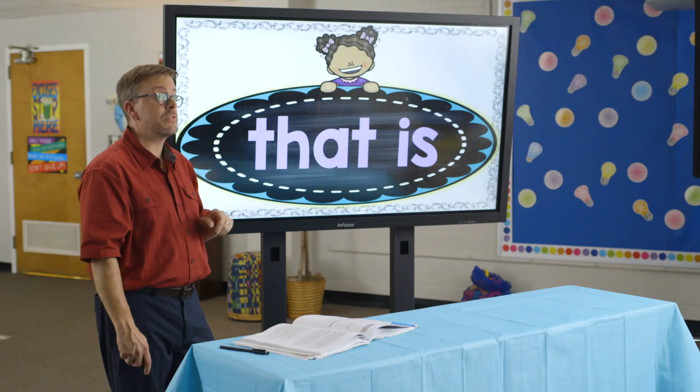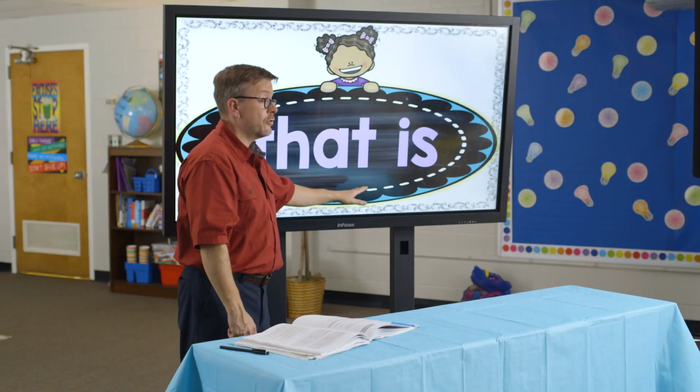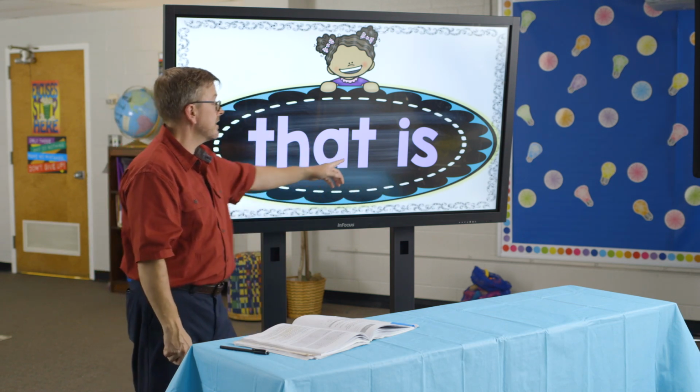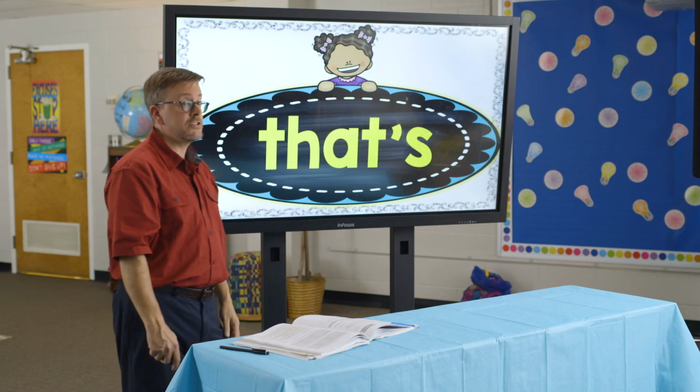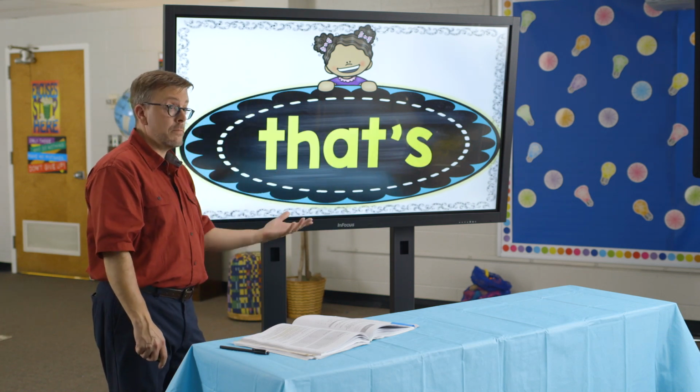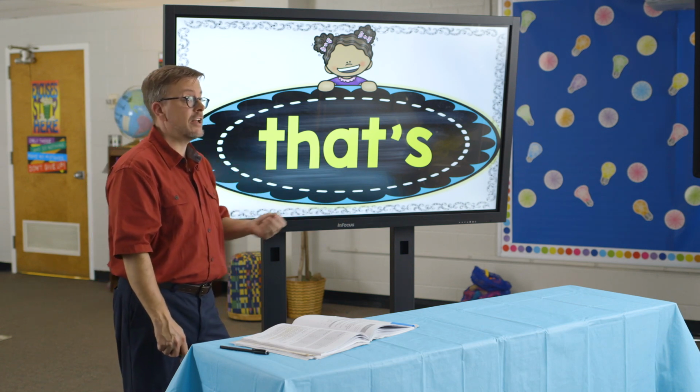Same thing happens with that is. We have the two words, that is, and when we want to make a contraction, we're going to replace the I with an apostrophe, and you're going to get that's. But again, it could be that has, not just that is. You're going to have to look around the contractions to be able to tell if it means that is or that has.